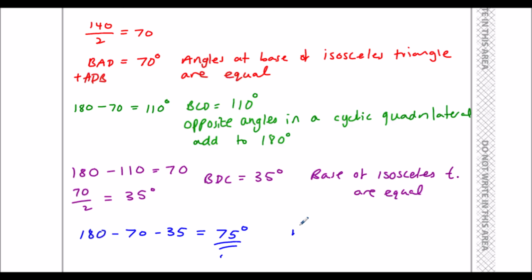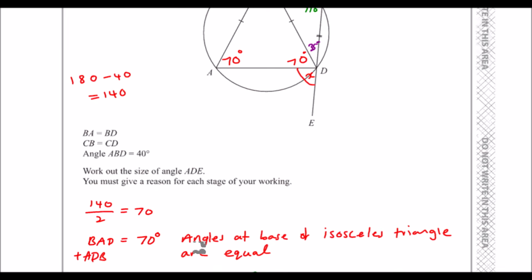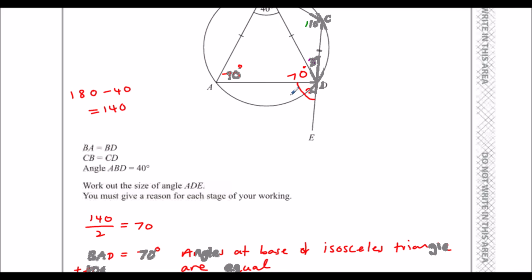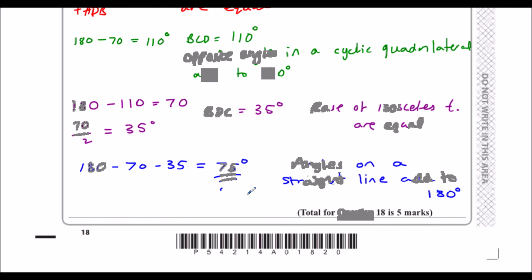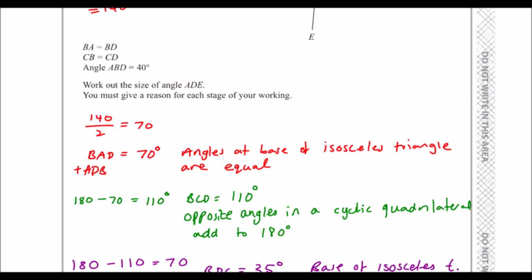And that's because angles on a straight line add to 180 degrees. So there's our answer, 75 degrees.